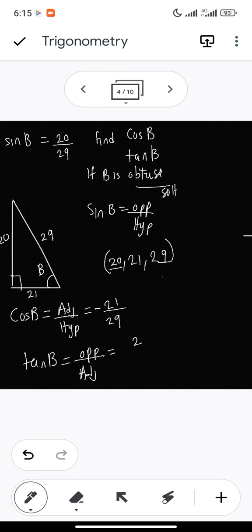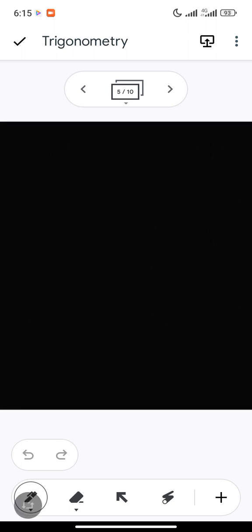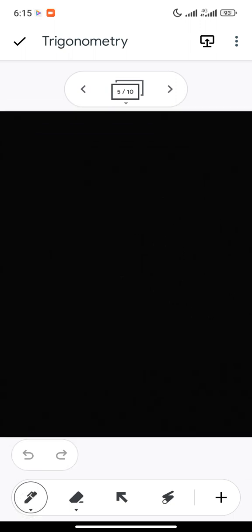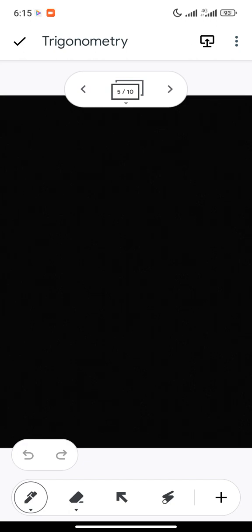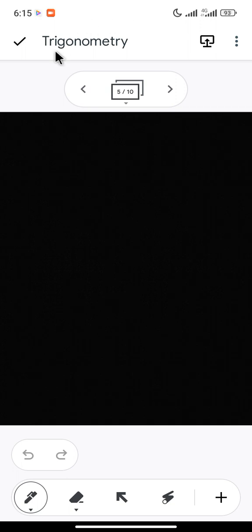So we're going to go further to the next section, which is compound angles, just like the topic. So what are compound angles? This is just like I'm going to show you. If you have a trig, let's say you have sine 45 degrees, you can express this as sine of 15 degrees plus 30 degrees.